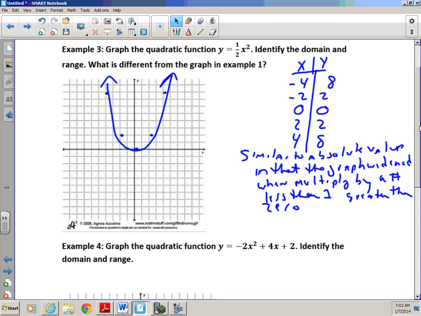Okay? What's my domain? All real numbers. What's my range? Y is greater than or equal to 0. Okay?